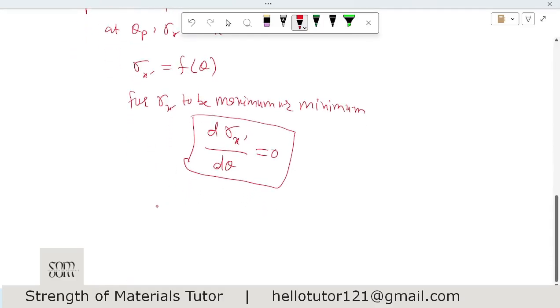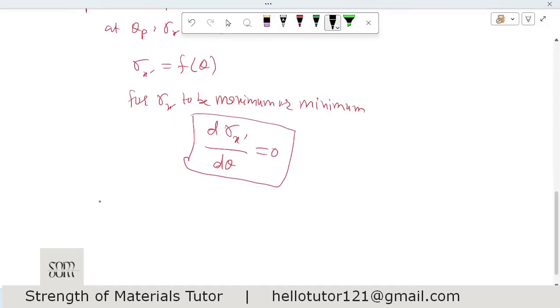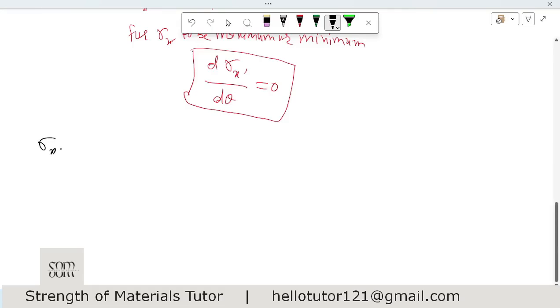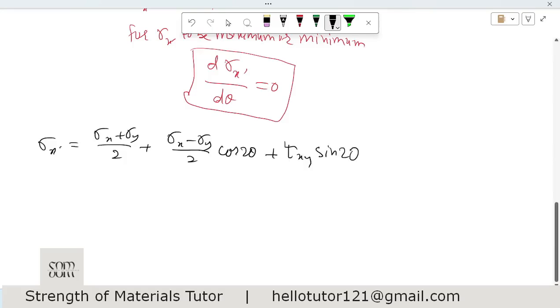But we know sigma x prime. What is the value of sigma x prime? Let me change the color. We know sigma x prime is sigma x plus sigma y by 2, plus sigma x minus sigma y by 2 cosine of 2 theta, plus tau xy sine of 2 theta.